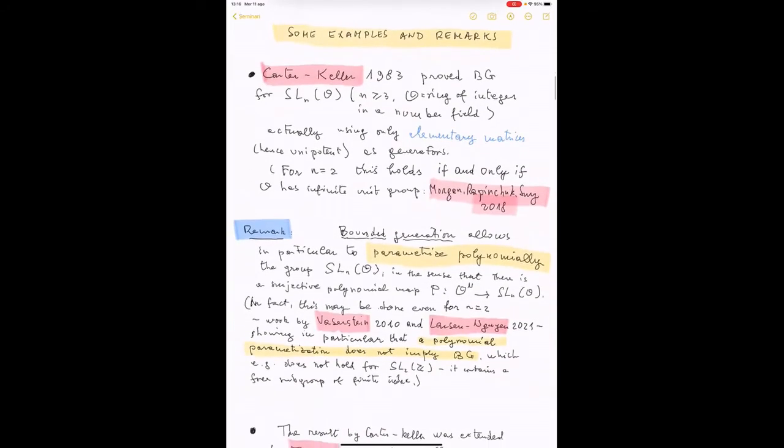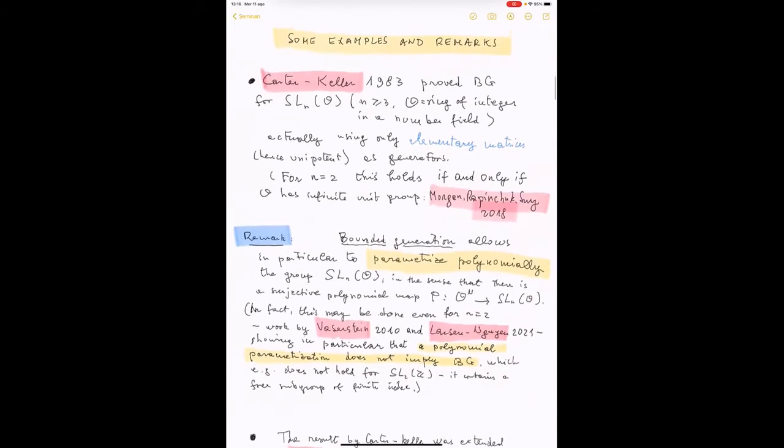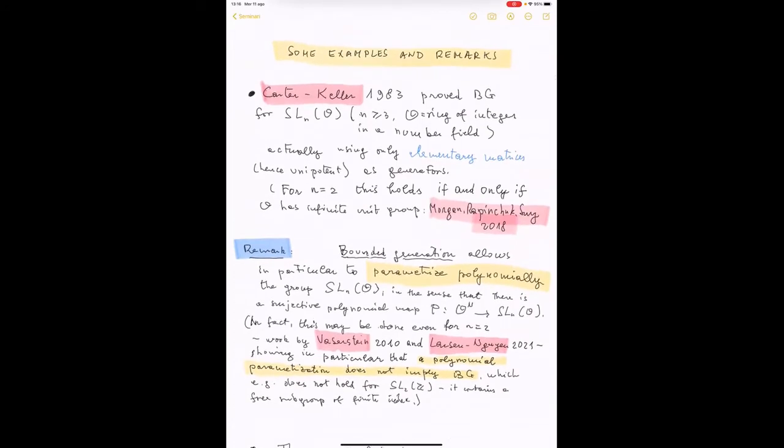Let me give some examples of when bounded generation holds. For instance, a landmark result in this topic is Carter-Keller, 1983. They proved bounded generation for SL_n over a ring of integers in a number field.